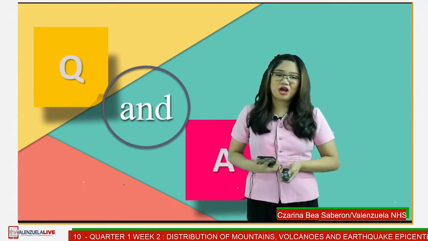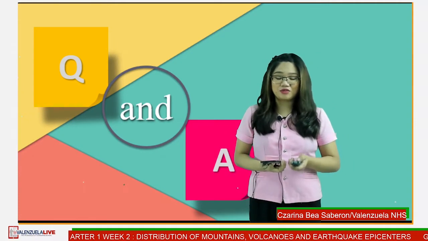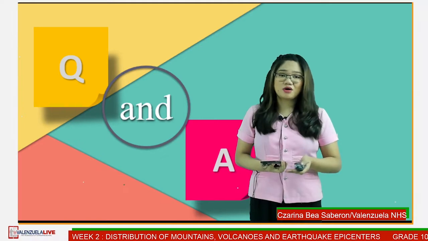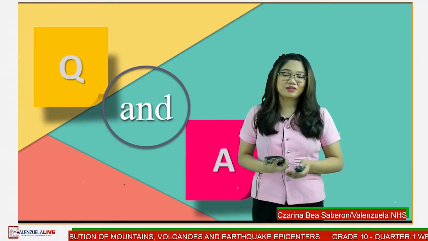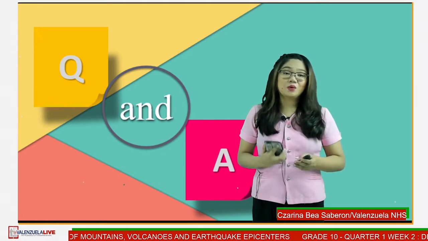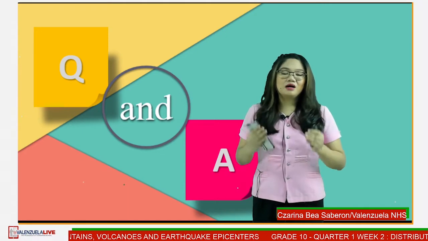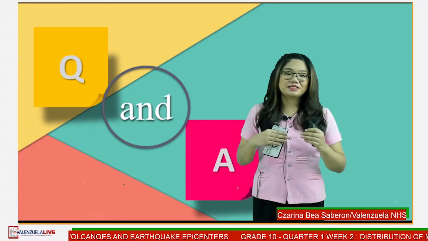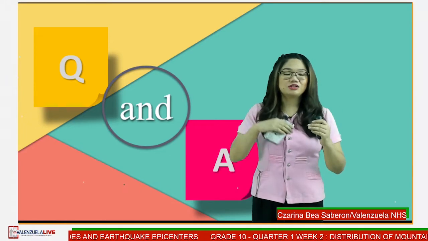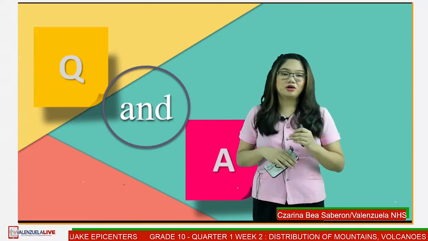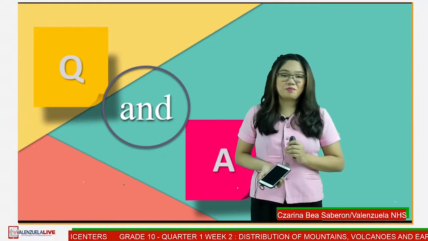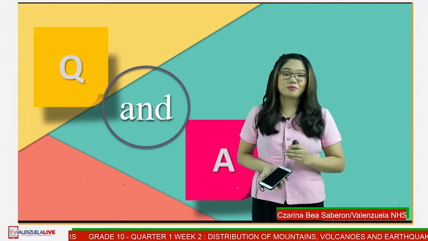Actually, the Ring of Fire is the site of volcanoes around the Pacific Ocean, which results from the subduction of denser oceanic crust beneath lighter continental crust. What do I mean by that? By subduction, I mean the denser oceanic crust is moving below the lighter continental crust, thus forming volcanoes, causing them to erupt regularly.